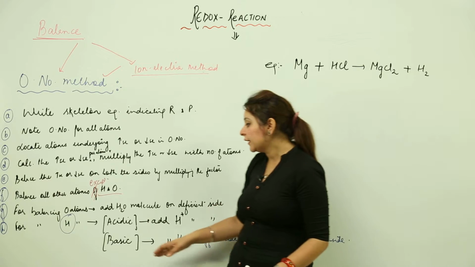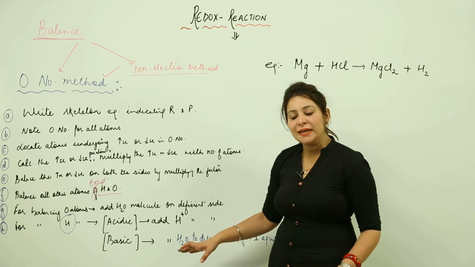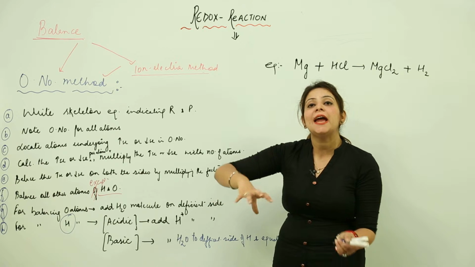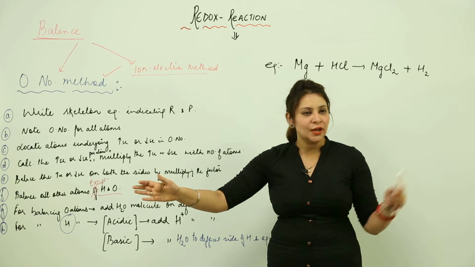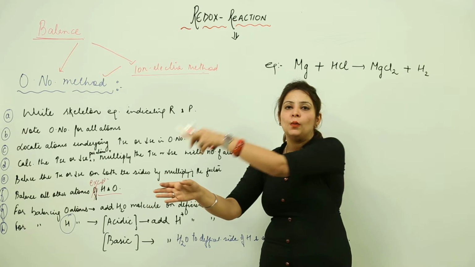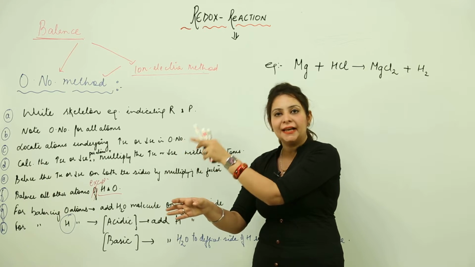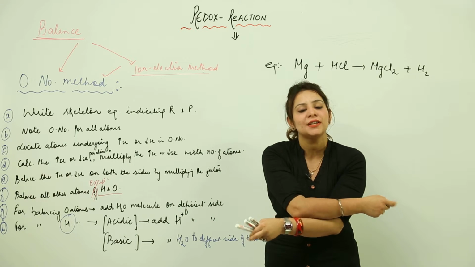And if it is occurring in a basic medium, that means an alkaline medium, then instead of H+, we are going to add H2O to the deficient side. Suppose this is my 10 H and this is my 11 H. The difference is 1 H, so I am going to add 1 H2O here. And with the same number, like I added 1 H2O, I am going to add 1 OH- on the side which is rich in hydrogen.